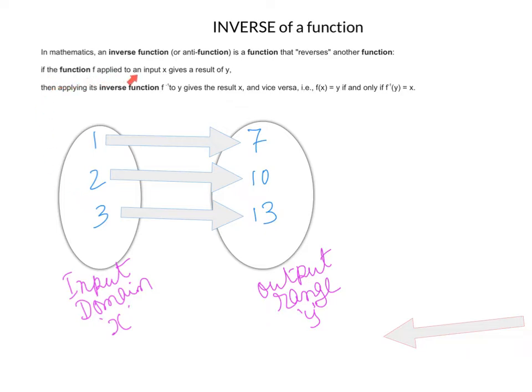So when input is x and output is y, the inverse of a function, which we denote as f to the power of -1, takes y and gives the result x. So f inverse of y is equal to x. Don't mistake me, we do not pronounce it as f to the power of -1, though we write it like that.